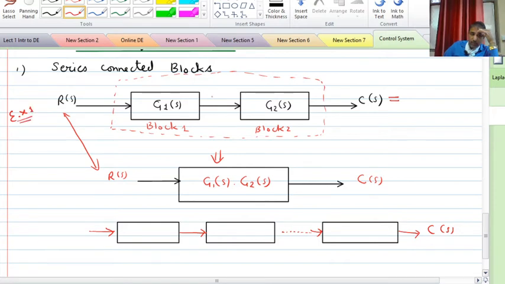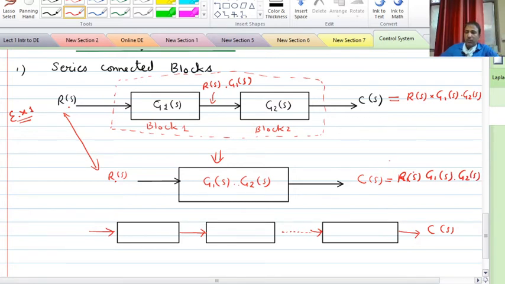In this case, the value at this position will be R of S multiplied by G1(s), and at this position it will be R of S multiplied by G1(s) multiplied by G2(s). Similarly, you can write the transfer function here, so this C of S will be R of S multiplied by G1(s) multiplied by G2(s). So the transfer function will always remain the same.